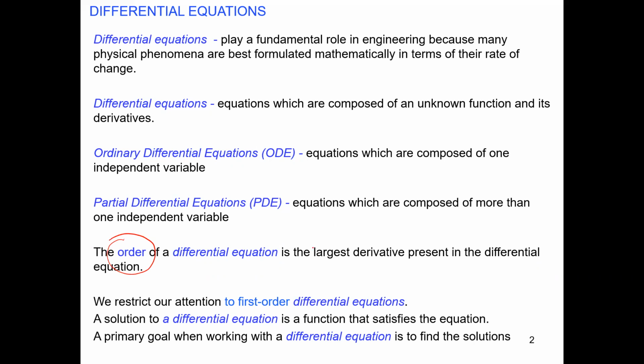We may know the first rate of change, let's say of distance with respect to time. Of course, that's the velocity, speed. We may have the rate of change of the velocity with respect to time. That's the second derivative. But the largest derivative present in the equation will represent the order. If it's just the first derivative, we say it's a first order differential equation. And if it's only one independent variable, we say ordinary differential equation. And that's what we will look at.